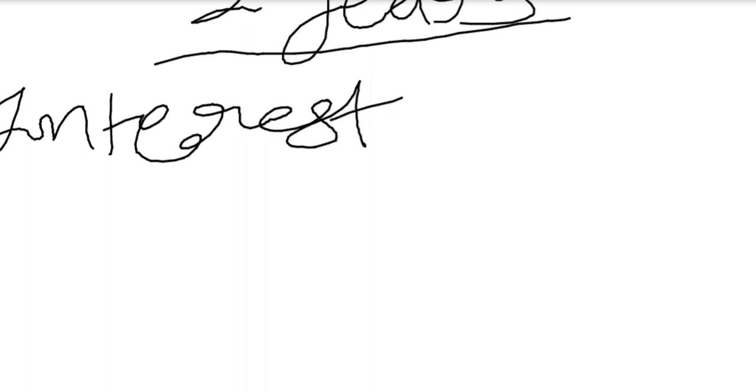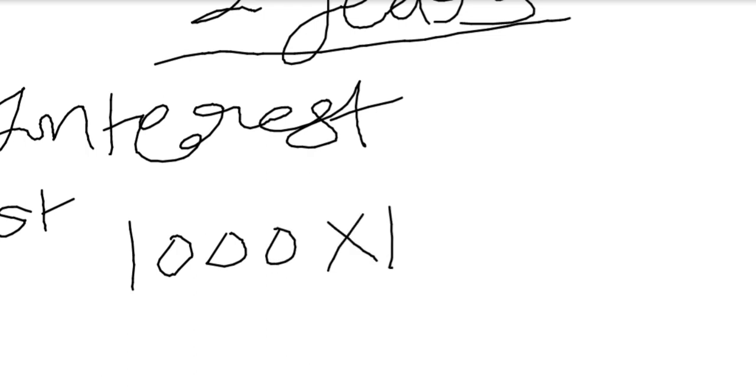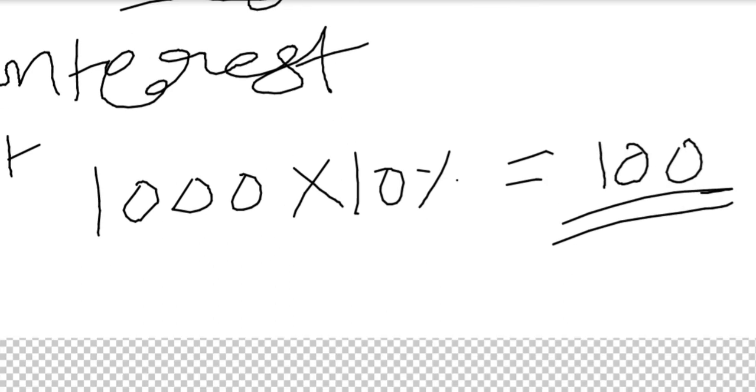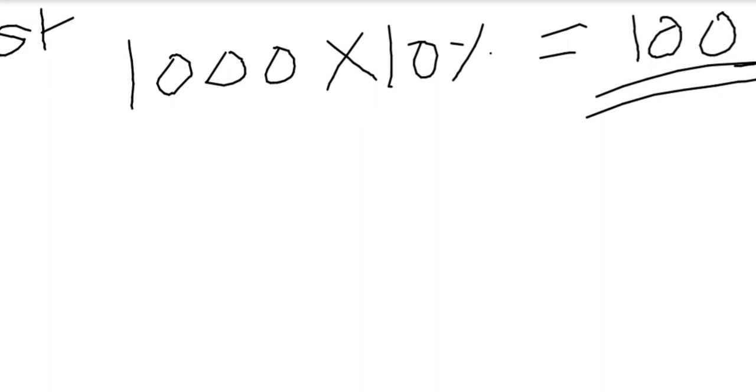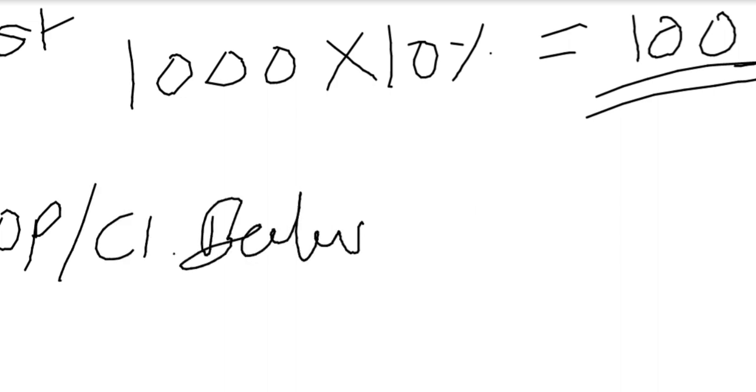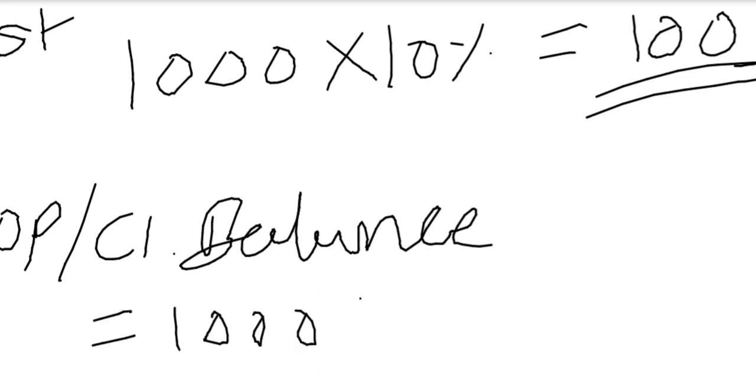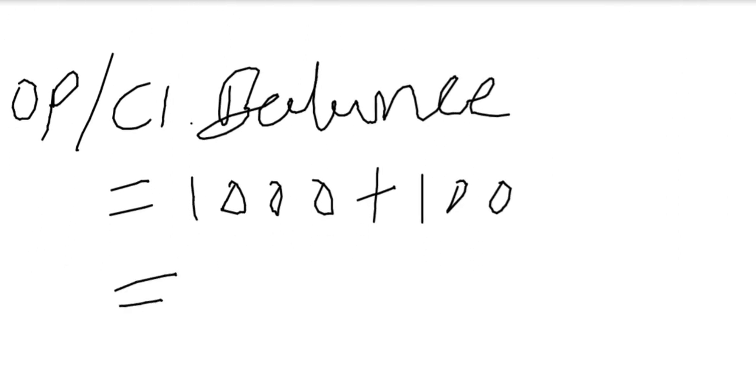Interest calculation. Interest for the first year is 1000 rupees into 10%, which is equal to 100. Now we find the opening or closing balance. The closing balance is principal 1000 plus 100, which is equal to 1100.